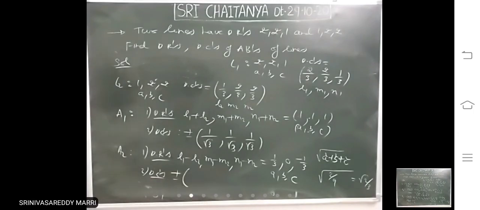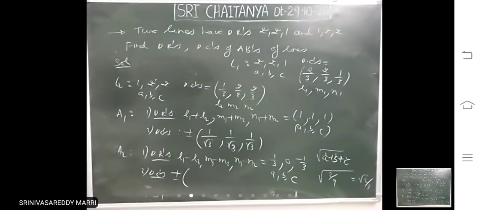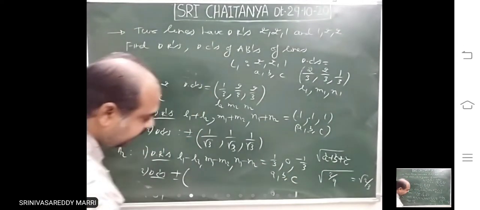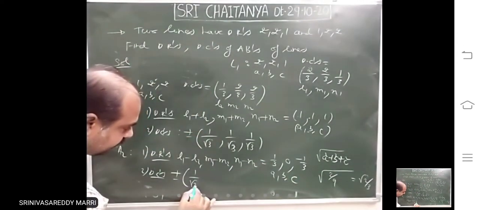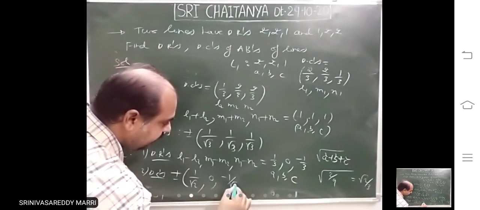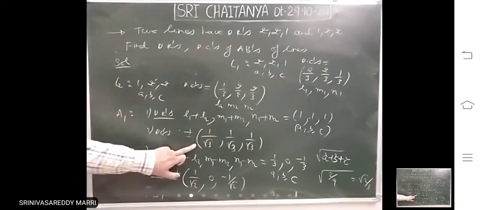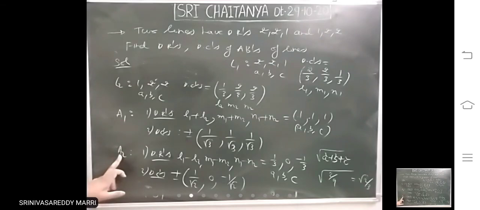Plus or minus A divided by root of A square plus B square plus C square. 1 by 3 divided by root of 2 by 3, 1 by root 2, comma. This is 0 minus 1 by root. So this is for one angular bisector, DRs, DCs. This is for another angular bisector, DRs and DCs.